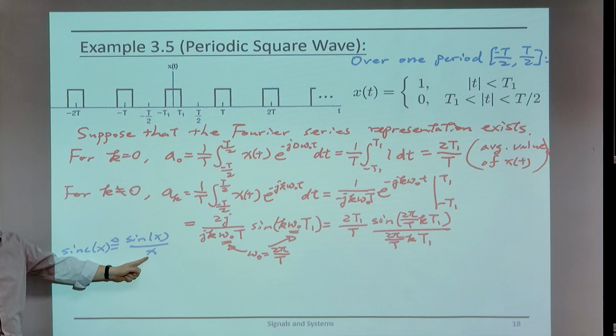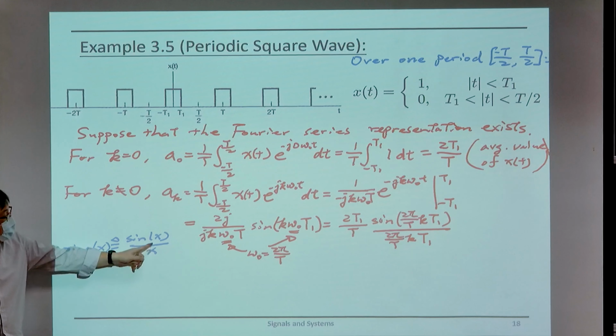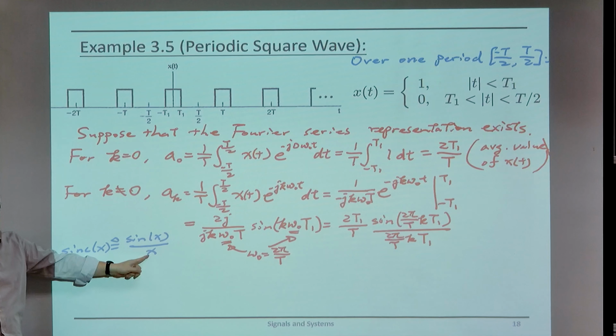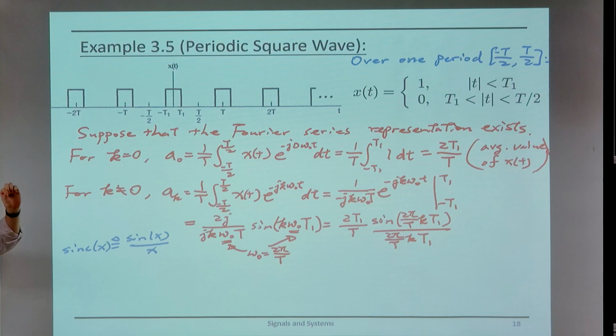If you apply L'Hopital's rule, you take the derivative of sine, which becomes cosine, and the derivative of x becomes 1. So when x is 0, by L'Hopital's rule, it is equal to 1. So you have a function that is equal to 1 at 0, and zero crossing points at integer multiples of pi. Your function would look something like this.